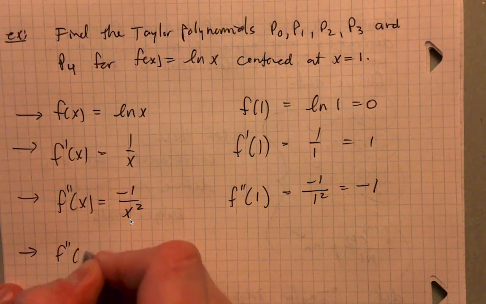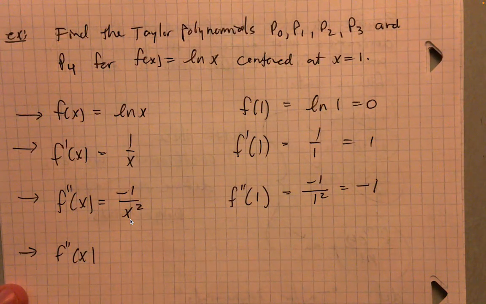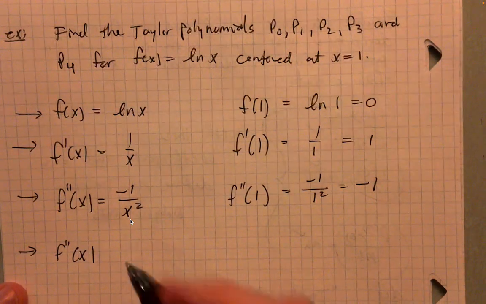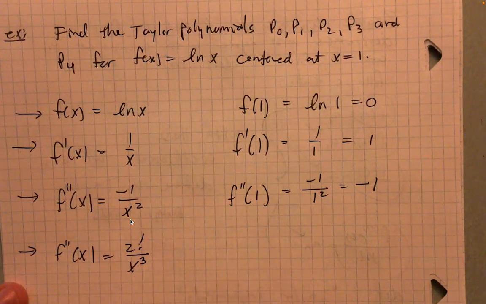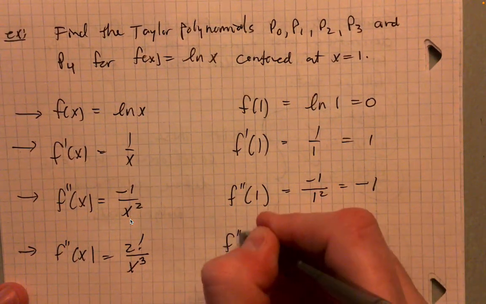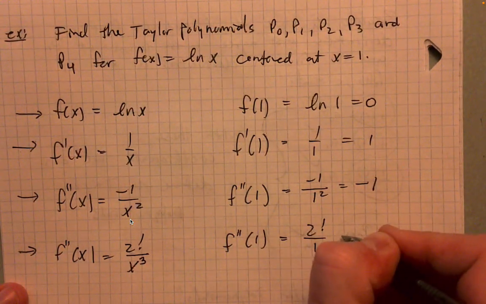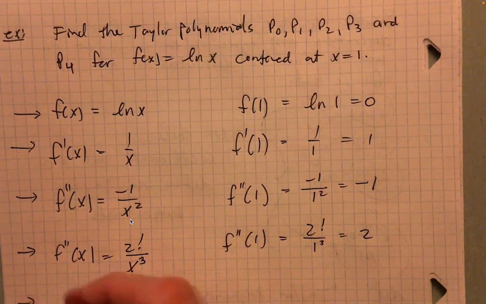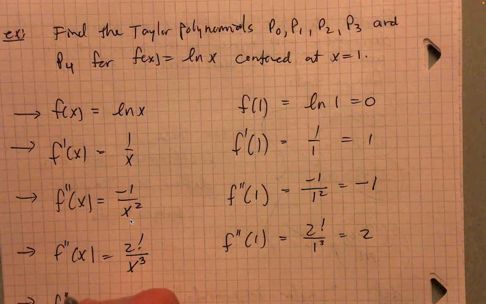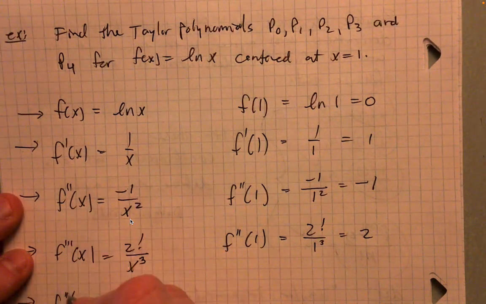The third derivative, doing the same operation, you end up with 2 over x cubed, but we're going to write it as 2 factorial over x cubed. Evaluated at 1, we get 2 factorial over 1 cubed, which is 2. You can see what's happening here. And finally the fourth derivative. Wait, that was the third derivative. This is the fourth derivative.